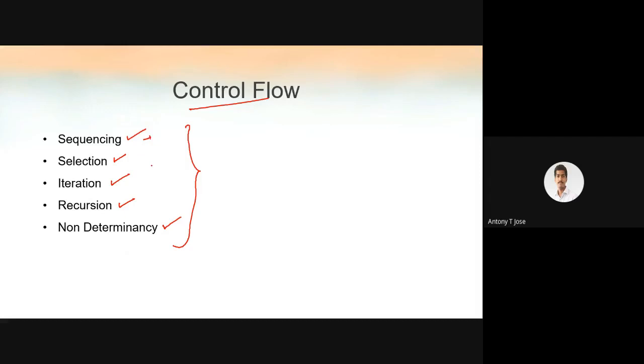This is a very important question. It is easy to explain. If it is an essay, you have to write what sequencing is and give an example, what selection is and give an example, what iteration is and give an example, what recursion is and give an example, and what non-determinacy is. There is no example for non-determinacy.